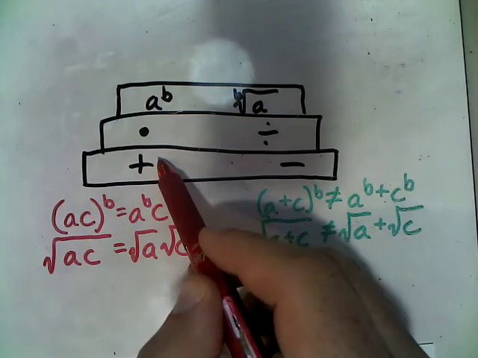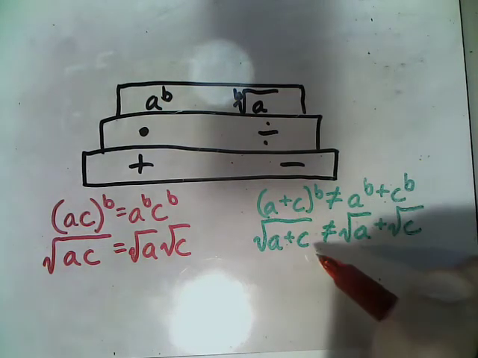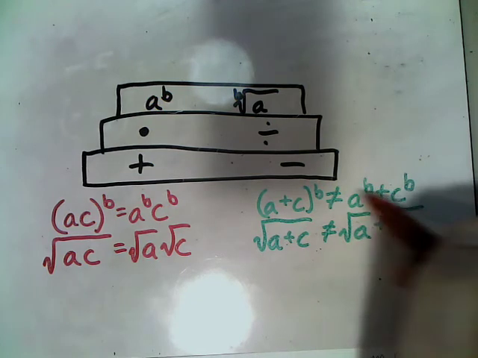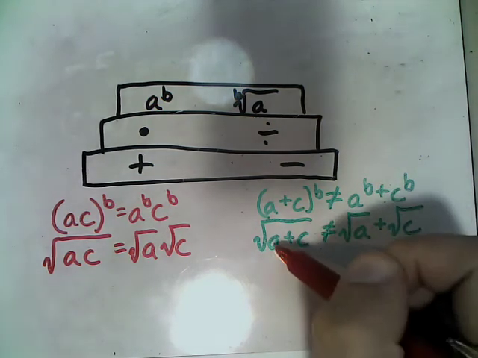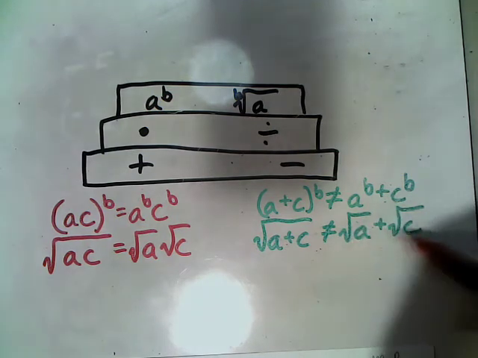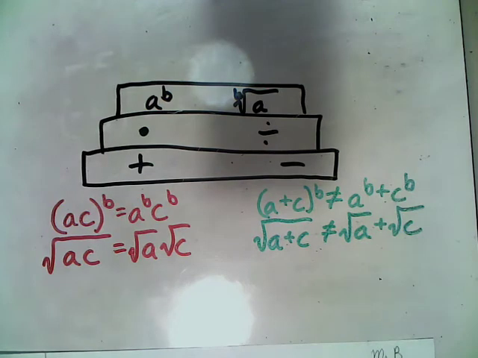This is not closely related enough. It will not work. So if you try to take A plus C to the power of B and just distribute that, it is not equal. If you have a radical of A plus C, it will not distribute. So a word of caution there, you cannot do that.